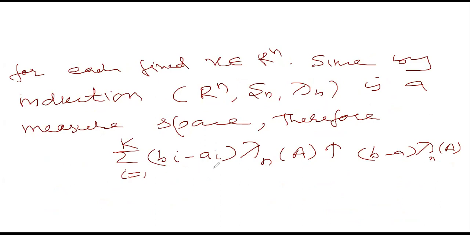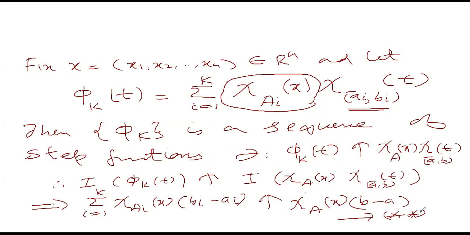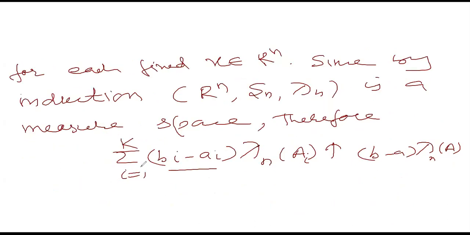So this b_i minus a_i is just a constant, and I apply here on the set A_i. The integral of this step function will be equal to b_i minus a_i, it is just a constant, times the integral of this, which is equal to the Lebesgue measure of A_i in n dimension, and this will increase to b minus a times the Lebesgue measure of A in n dimension, which is lambda_n of A actually. So this is true now.